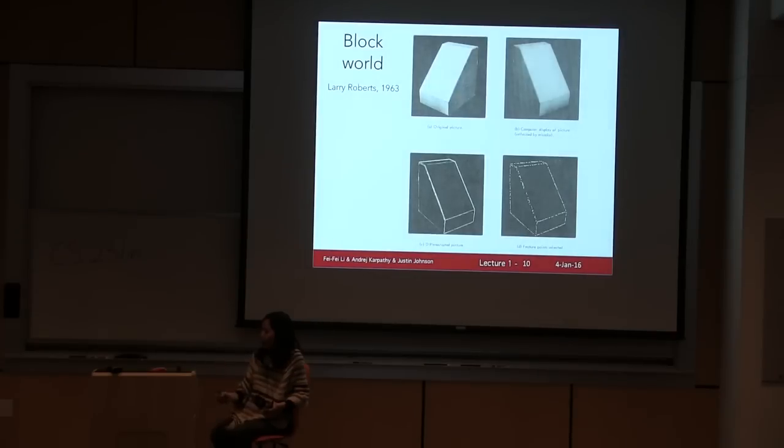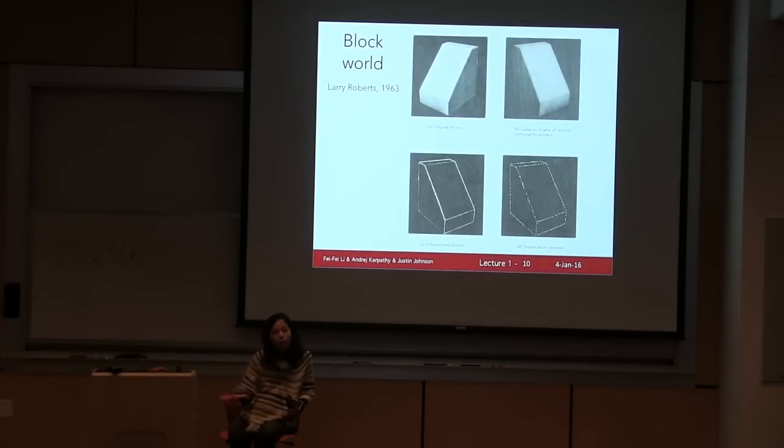And so when did computer vision begin? That's another interesting story, history. The precursor of computer vision as a modern field was this particular dissertation by Larry Roberts in 1963. It's called Block World.